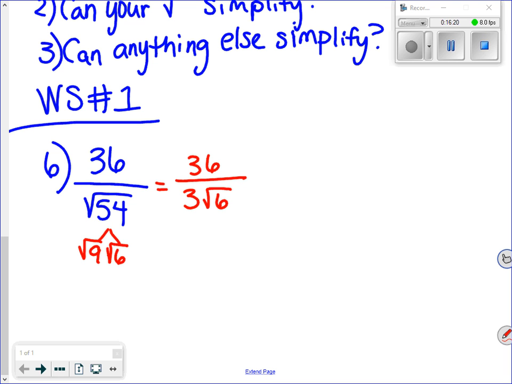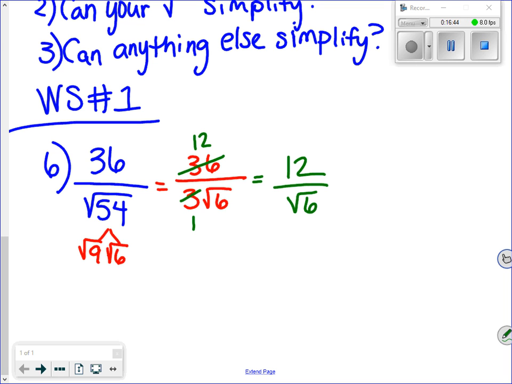So what could I do first? Okay, 36 and 3 both reduce, so I could divide them both by 3. You're going to have a much harder time if you don't always check for a way to make it smaller every single time. So 3 goes into 3 once. How many times does it go into 36? 12. Okay, so now we have 12 over the square root of 6.